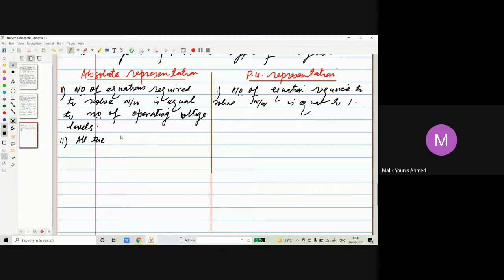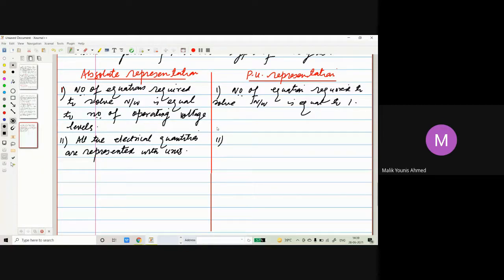So different electrical quantities will be represented in units. So definitely units are there in case of absolute system.